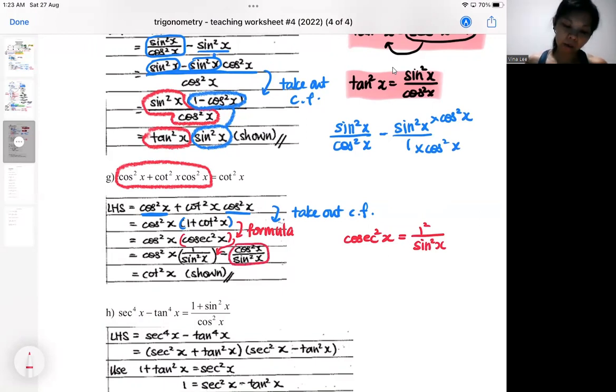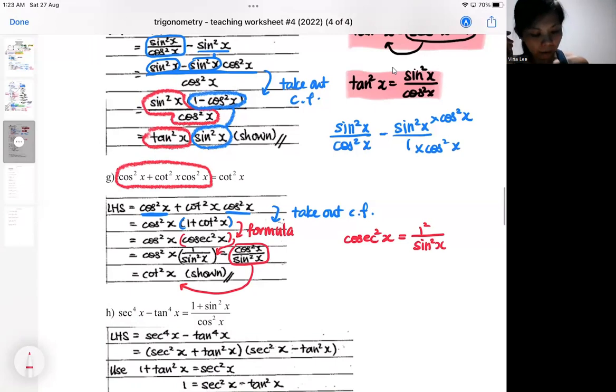Cosine square over sine square is cotangent square. So this one has a lot of formulas. If you can detect the take out common factor but you couldn't match your formula, you will also get stuck. That's why I say technique matters, and the choice of formula, or even being aware that there is a formula. That's what happened to a lot of people for the proving questions.